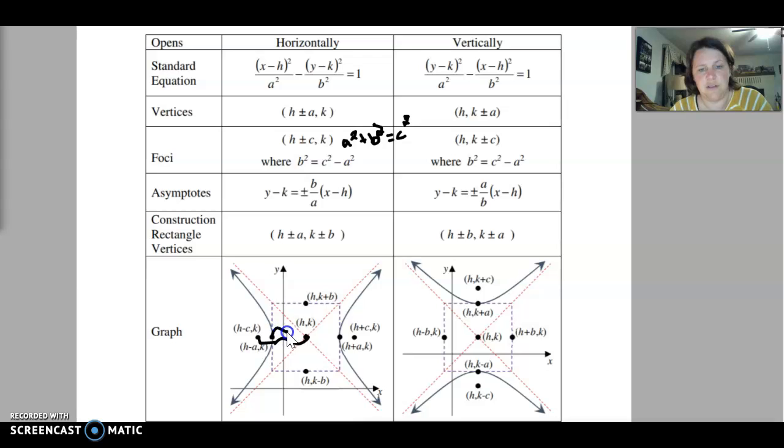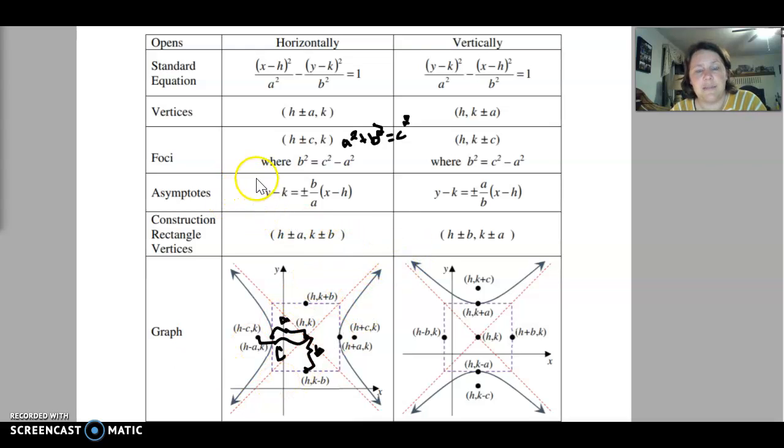This is your a value here, from the center to the vertex. c is the center to the foci, and then b is going to be from the center to the outside box. This is what we call our construction box or our construction rectangle. This helps us to construct that hyperbola, or a guide box, whatever you want to call it.